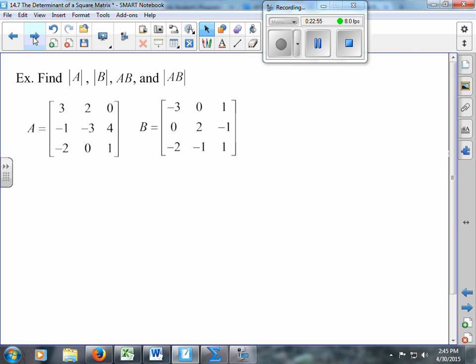I will tell you that I worked this out a little bit, and if I didn't make a mistake, the determinant of A is going to be negative 23. The determinant of B I got to be 1, and then I got the determinant of AB to be 65, but I don't trust my arithmetic there. So go ahead and work it out and see what you get.